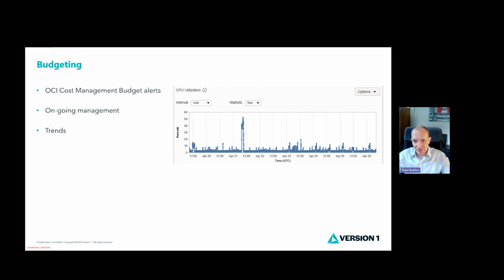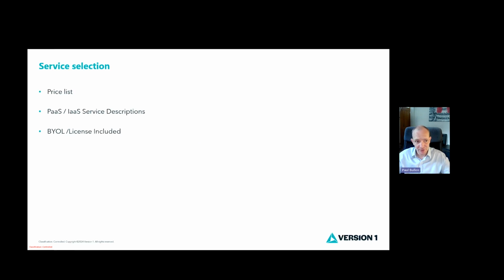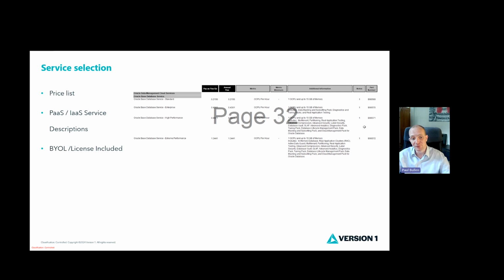Lastly, and we'll touch on this in the next blog, service selection is absolutely key to optimizing your costs within any cloud provider, but for Oracle, there's a plethora of different choices for a given service. So for example, Oracle database, there's a whole heap of different offerings. You can see some of them there.